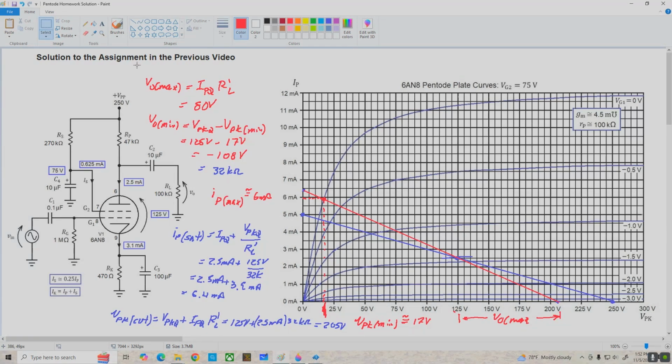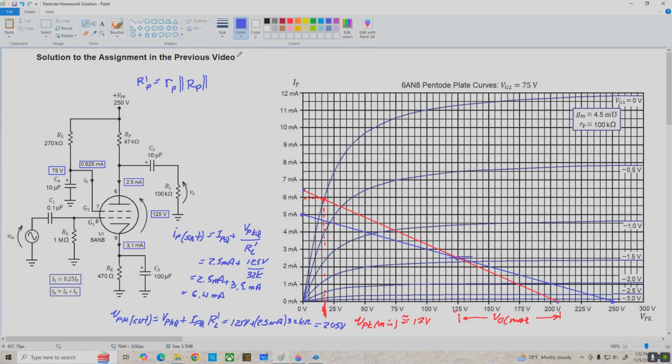Now I'm going to clear the decks one more time here, and then we'll do our small signal analysis. So let's just make some room, and that should do it. And let's change our color back to blue. And we're going to determine our R prime P, that's our AC model plate resistance, which is dynamic plate resistance in parallel with external plate resistance and our load resistance.